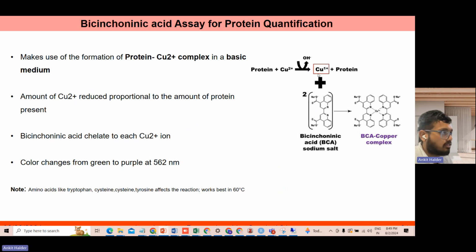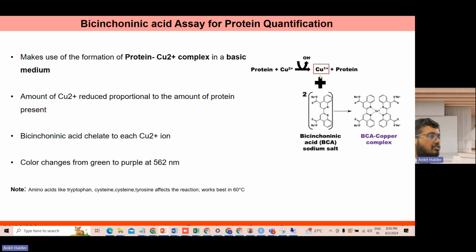spectrophotometer. So it is not the particular protein, but the amount of protein present that matters, relative to Cu2+. So just try to listen very carefully, and if you are not able to understand, just let me know. The amount of protein is getting attached to Cu2+.